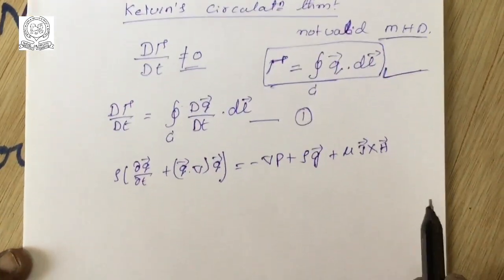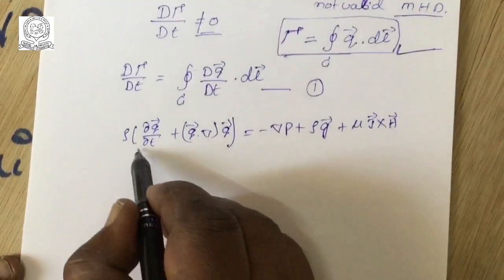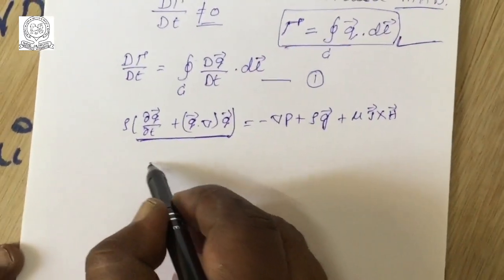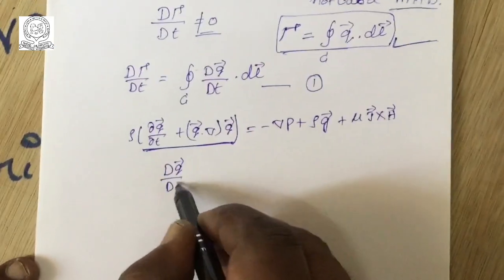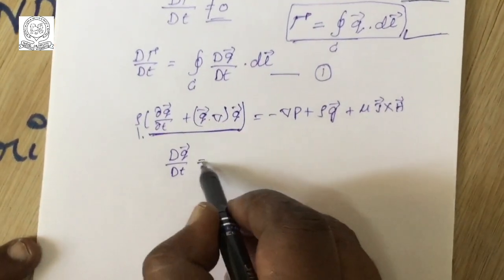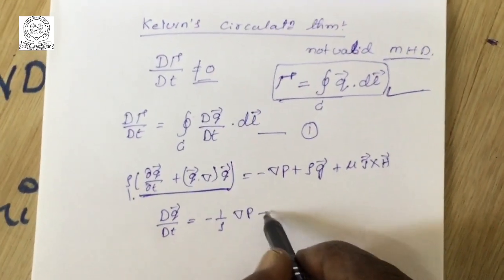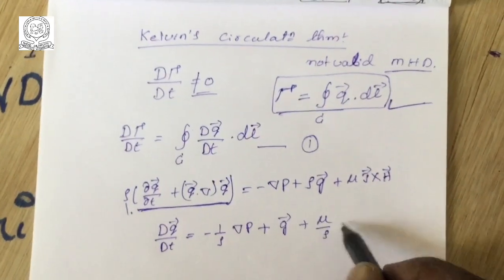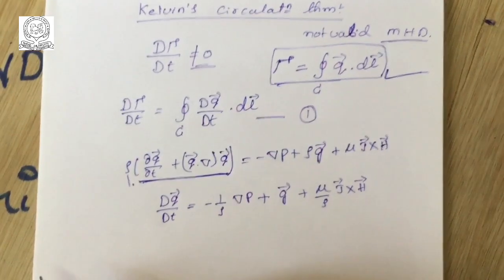Simply consider this equation. Here, using the Eulerian derivative, you can write this term as dq by dt. I am going to send rho to the right hand side, then it becomes minus 1 by rho into gradient of p plus g plus mu by rho into j cross h.